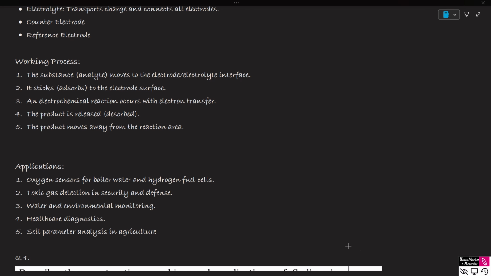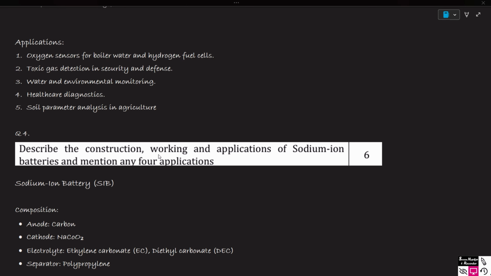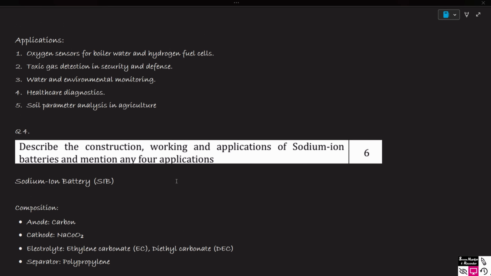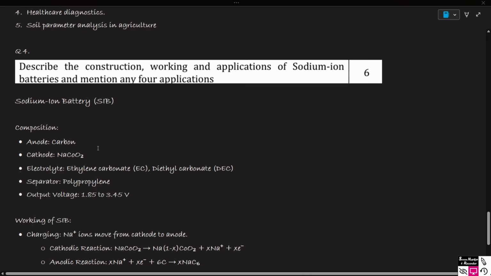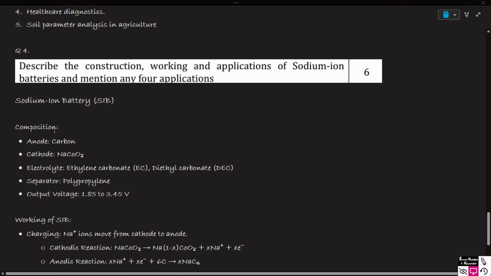Okay. Moving to the next question. Describe the construction, working, and application of sodium ion batteries and mention any 4 applications. Okay. So sodium ion batteries. The composition consists of 5 parts: anode, cathode, electrolyte, separator, output voltage. In anode, we are using carbon. In cathode, we are using NaCoO2, which means sodium cobalt oxide.